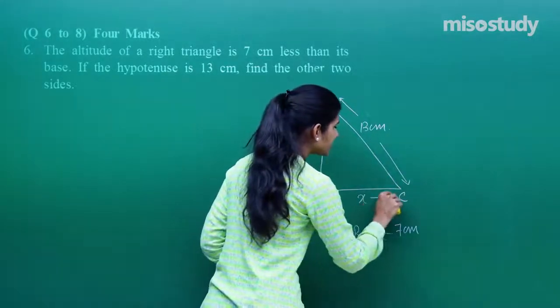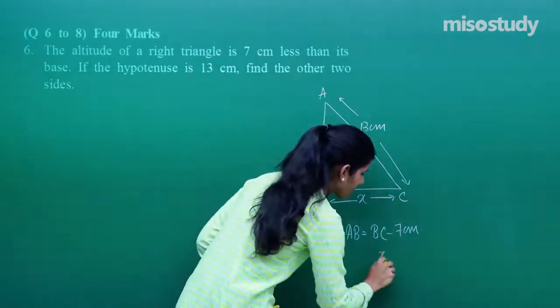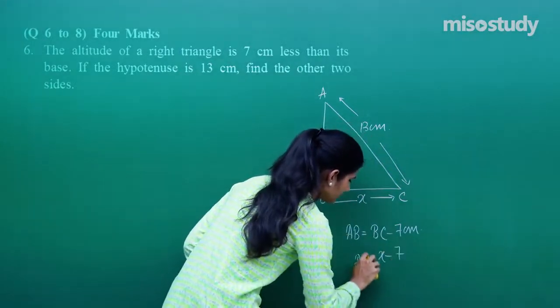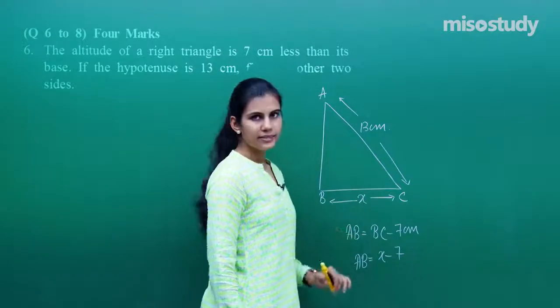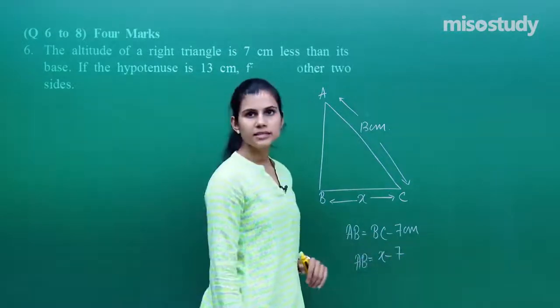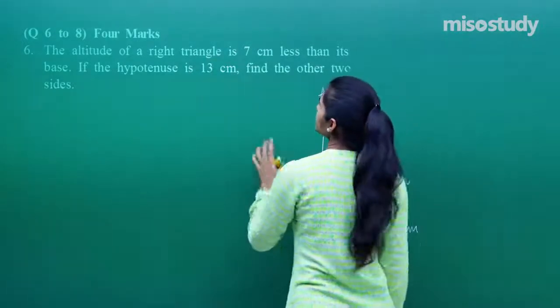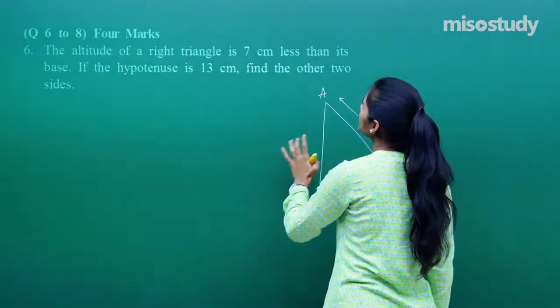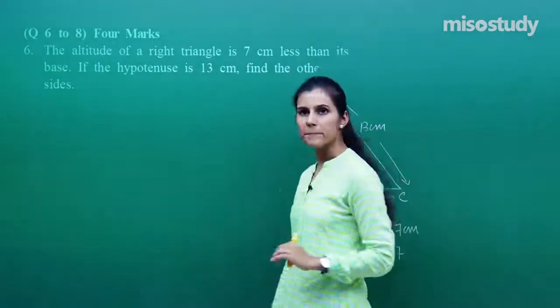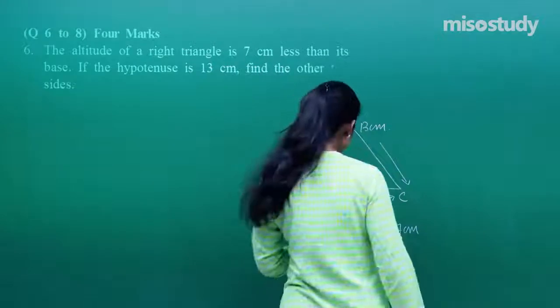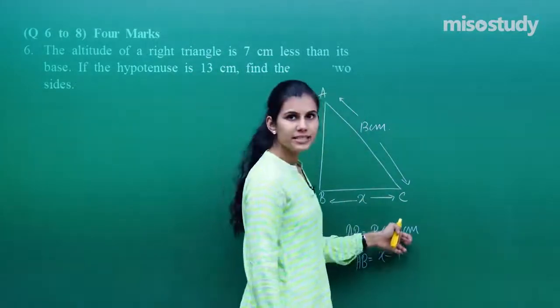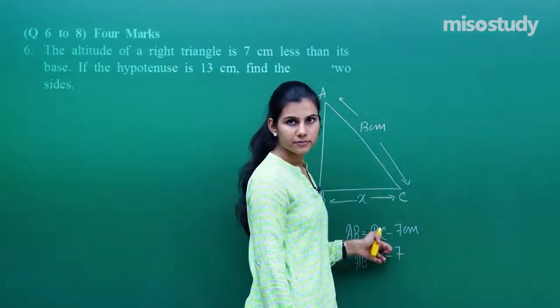Suppose the base length is x, then AB's length is x minus 7. What is it saying? It's saying the altitude is 7 centimeters less than its base, right? That means the altitude's length is 7 centimeters less than the base length, right?